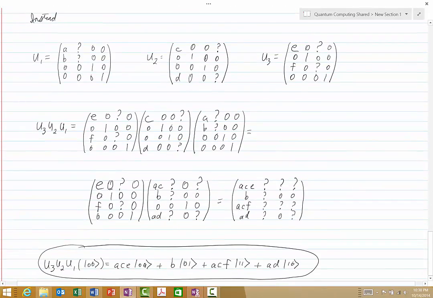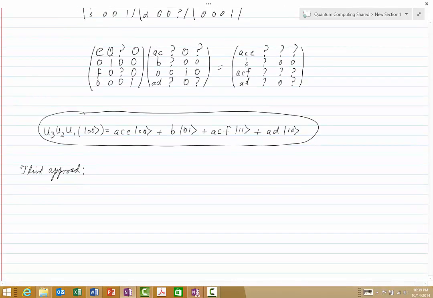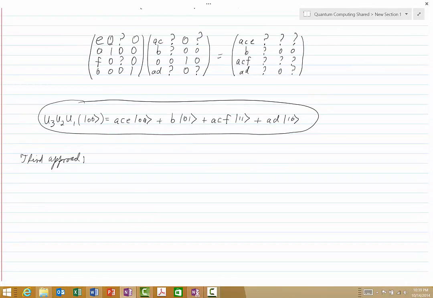And now, finally, I'd like to discuss a third approach. It is, again, related to that last problem from test 20, a third approach for finding that U. Let me remind you one more time what we want.